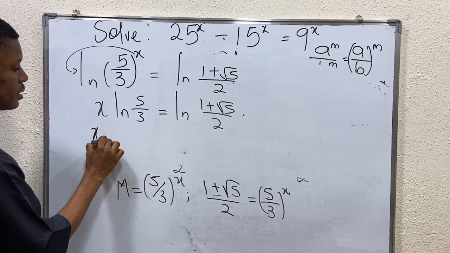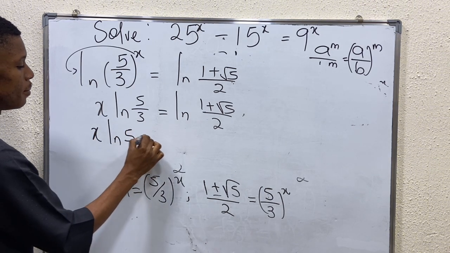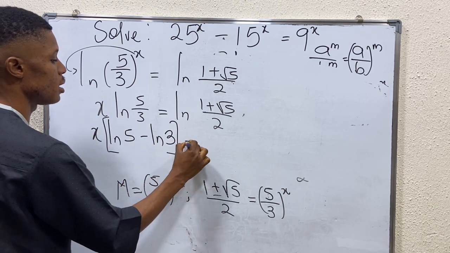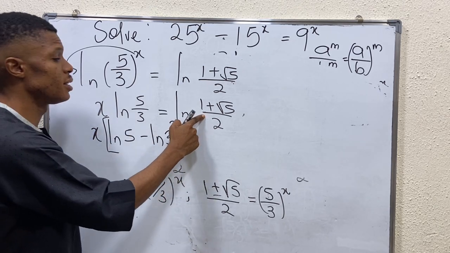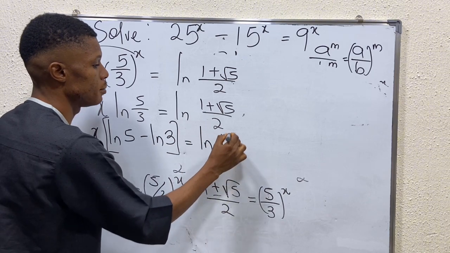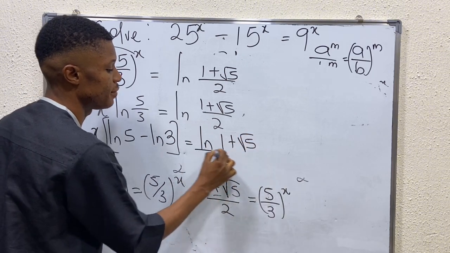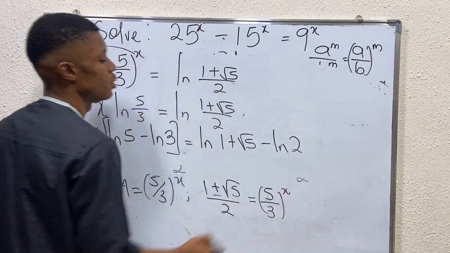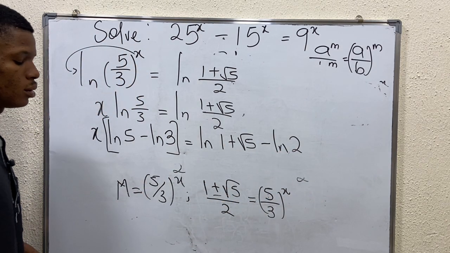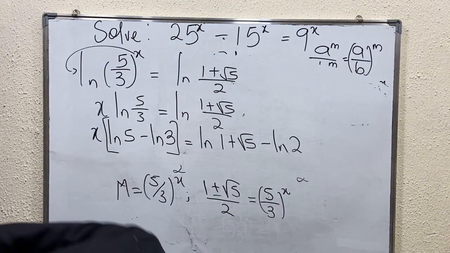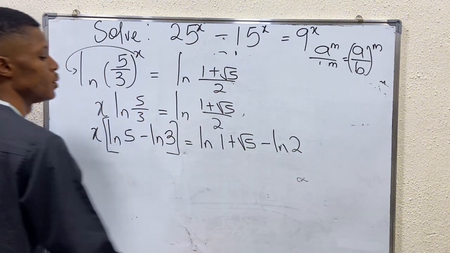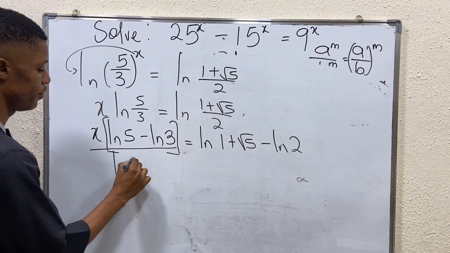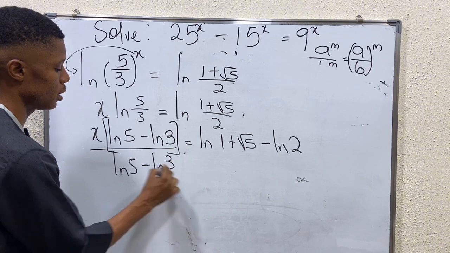At this stage, you recall the laws of logarithm, that whenever we have a fraction, we can subtract the logs. So we have it that x times ln 5 minus ln 3 is equal to ln of 1 plus root 5 minus ln 2. The next thing we have to do is to divide through by ln 5 minus ln 3.